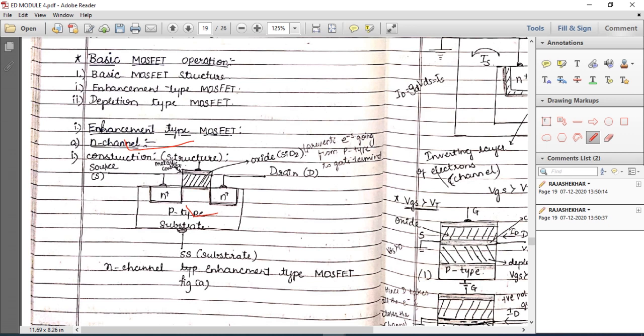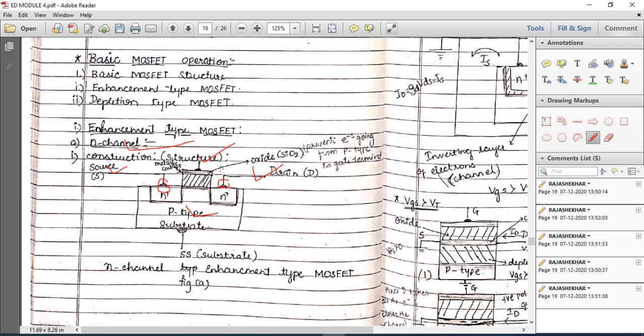This is the source and this is the drain terminal. The source and drain are directly connected to the N plus region using a metallic contact. I call this the metallic contact, which is used to connect between the N plus region and the source and the drain terminal, whereas this is the gate terminal.